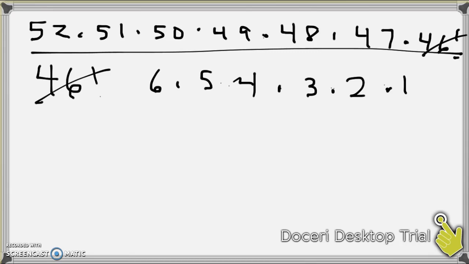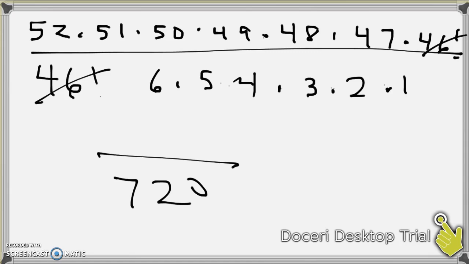I do know the bottom is 720. The top was a really, really big number, so I did that in my calculator. I put in 52 times 51 times 50 times 49 times 48 times 47, and got a really big number.